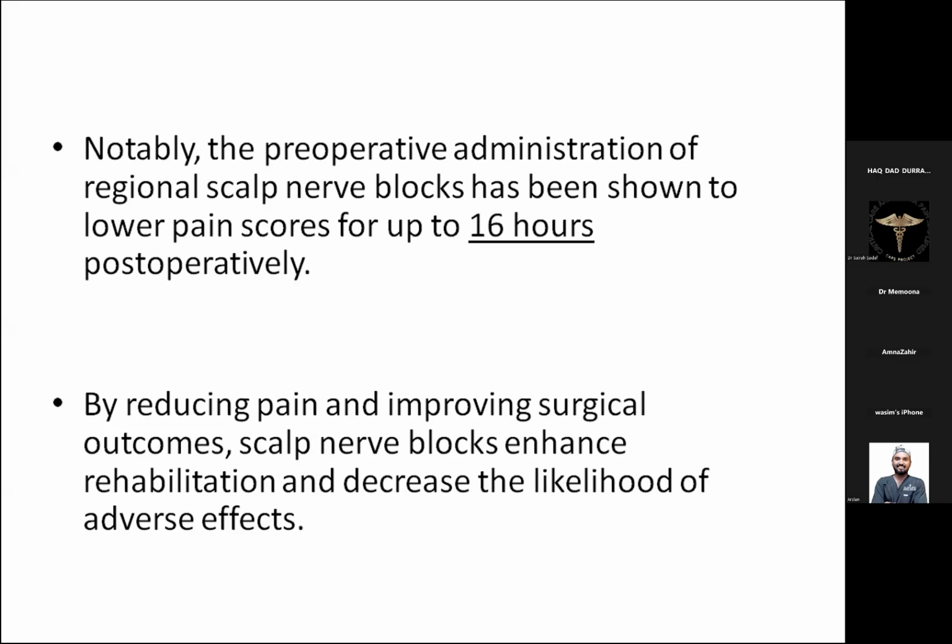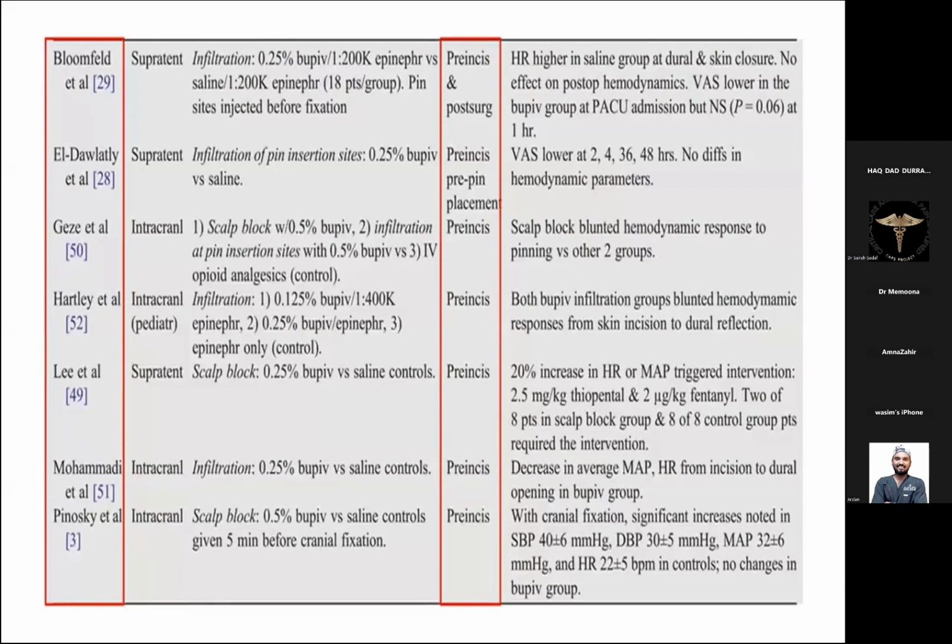This meta-analysis compares a lot of studies in two regards. One is placement of a scalp block before incision or postoperatively, and the second is comparing the two techniques of either placing a scalp block versus scalp infiltration. So what are the results?